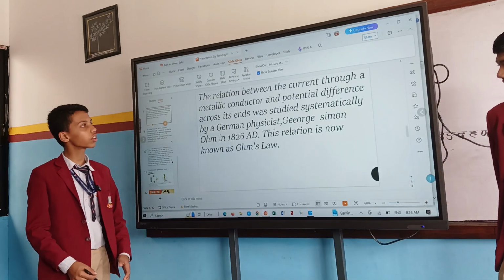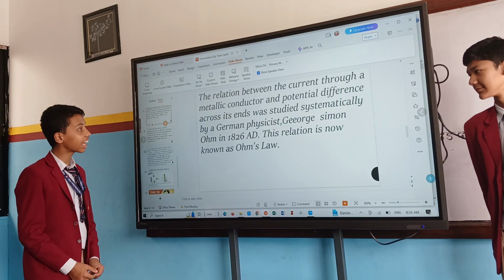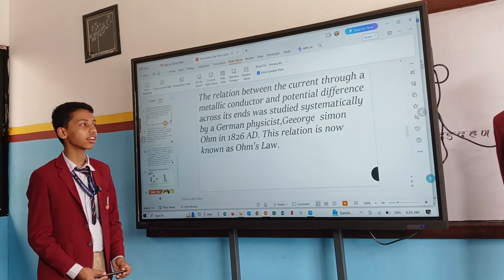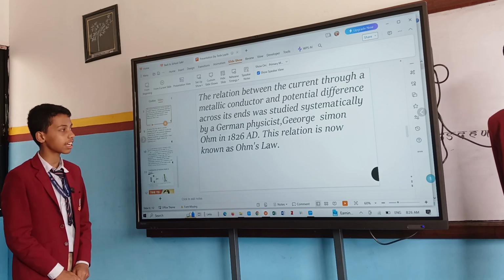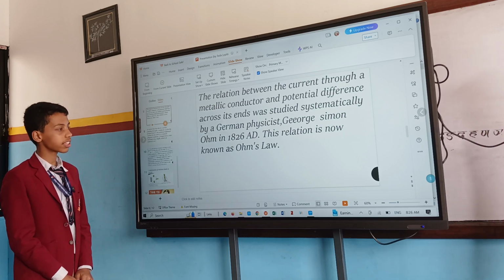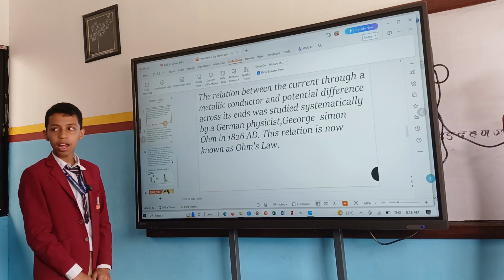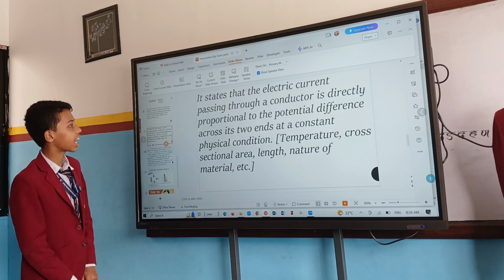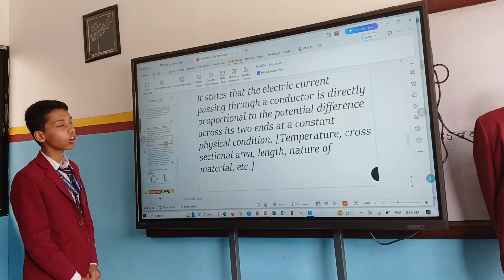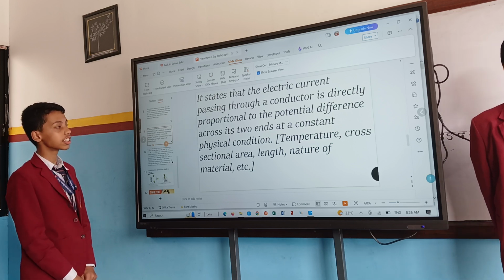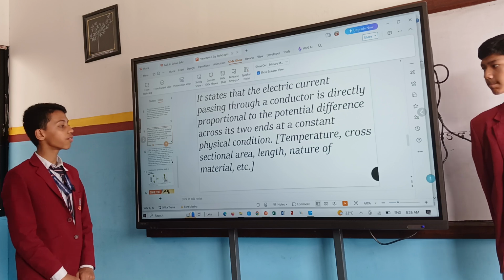The relation between the current through the metallic conductor and the potential difference across it was studied systematically by a German physicist, Georg Simon Ohm, in 1826, and this relation is now known as Ohm's law. It states that the electric current passing through the conductor is directly proportional to the potential difference across its two ends at constant physical conditions.